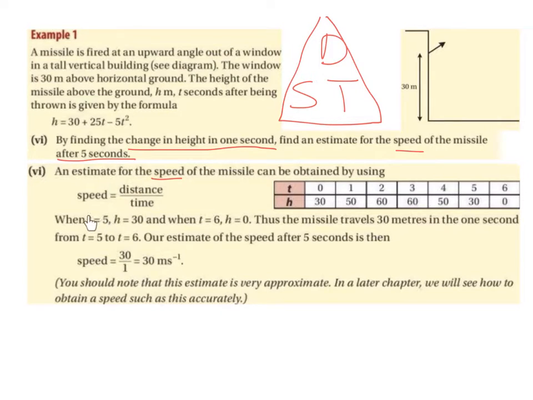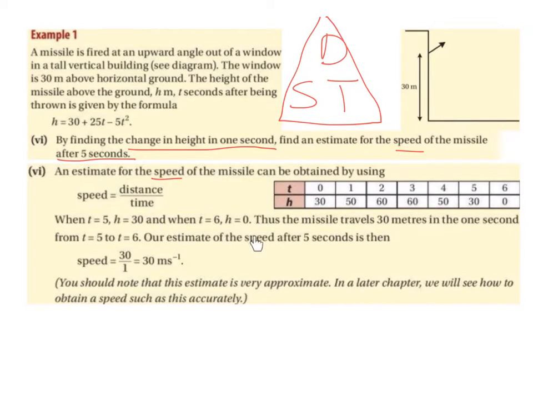So when t equals 5, h is equal to 30, and when t equals 6, h is equal to 0. Thus, the missile travels 30 meters in the 1 second from t equals 5 to t equals 6.